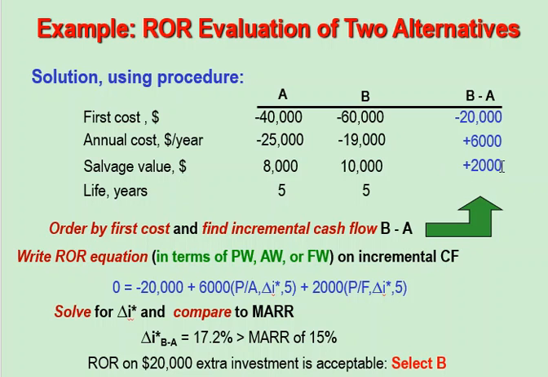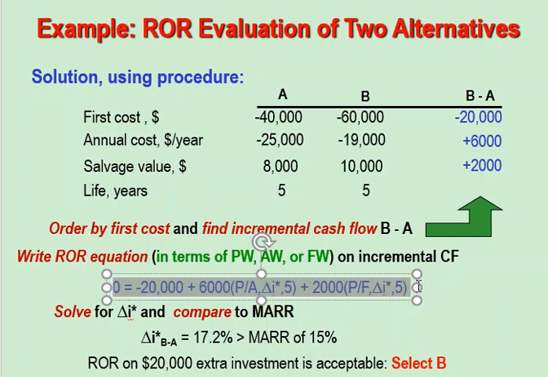Is it future, present, or annual? It is future. Salvage is usually after I'm done with my alternative and I want to sell it. So it is $2,000. I transfer it from the future to present, for 5 years. So now we have this equation.